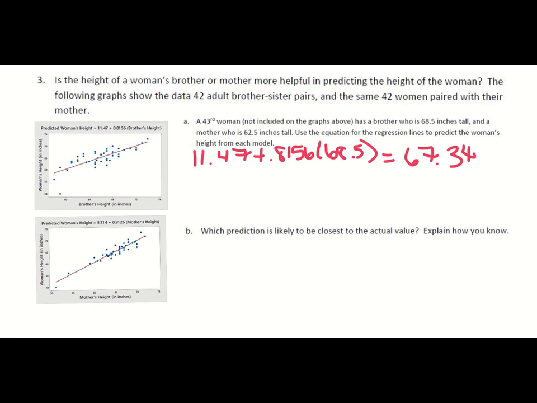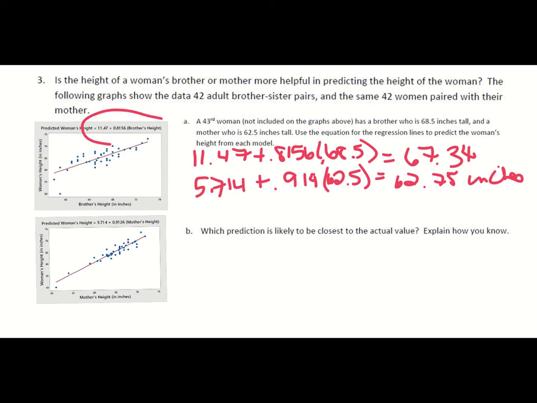If I do 5.714 plus 0.9126 times 62.5, that gives me 62.75 inches tall. That looks a little messy. And I'm getting that from these equations that are over here.